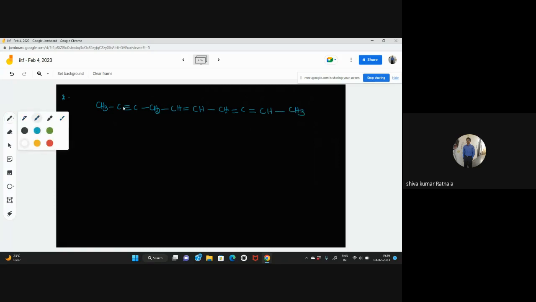Try to find the hybridization of each and every carbon from left to right. Done, students?